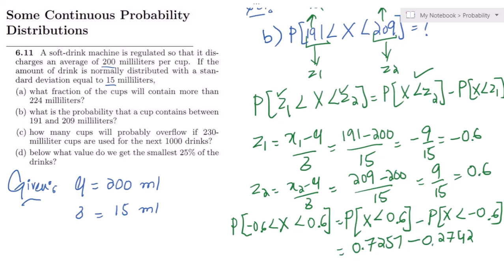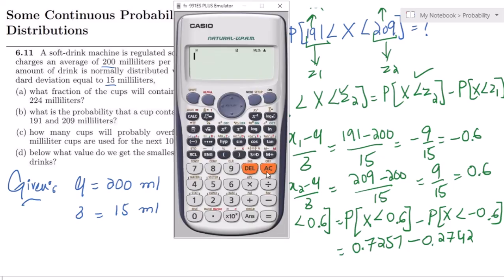Let me subtract them: 0.7257 minus 0.2742.